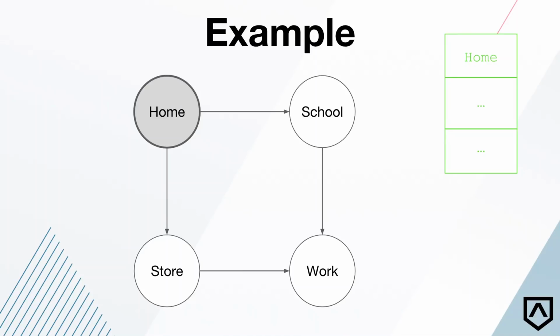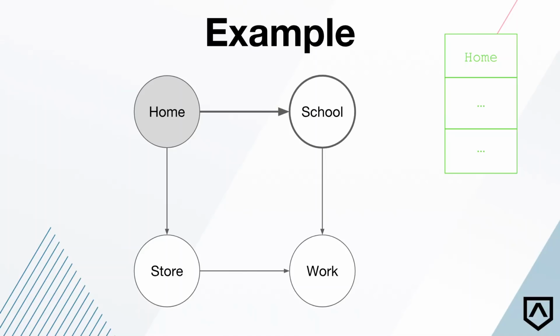So if our starting node in this graph is home, and we want to traverse this graph using depth first search, we'll first look at our home node and say, okay, is there an adjacent node that I can explore? And if we look, yes, the school node has not been explored yet.